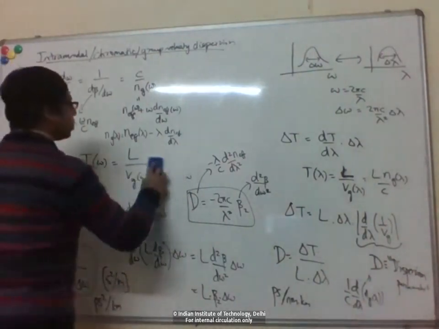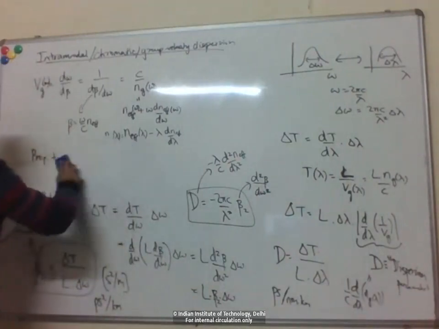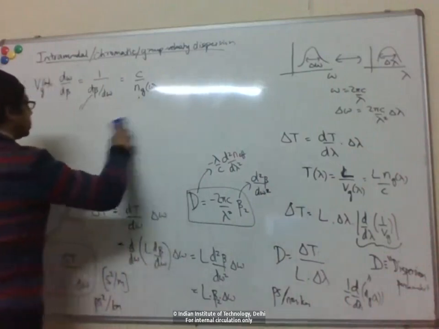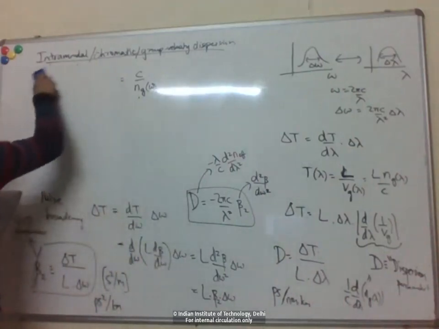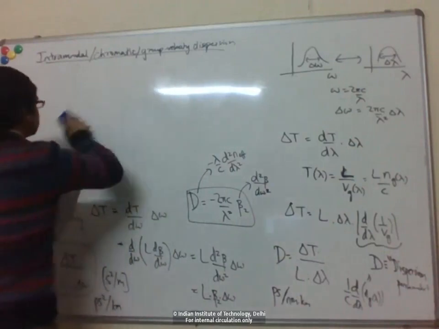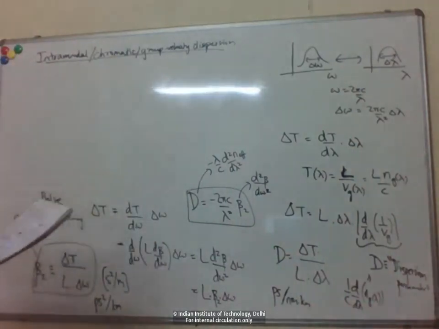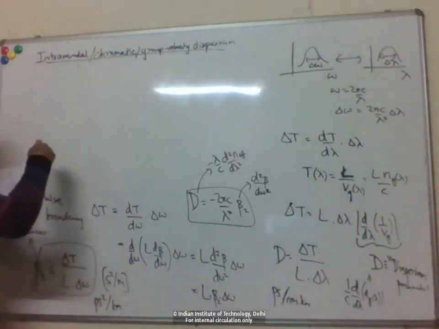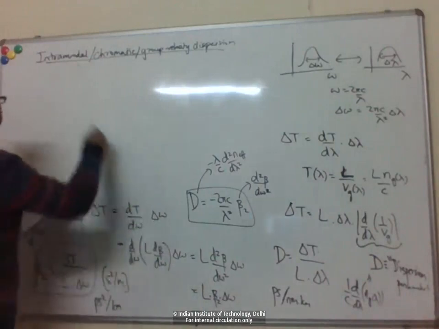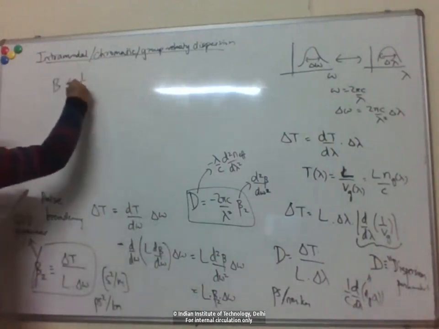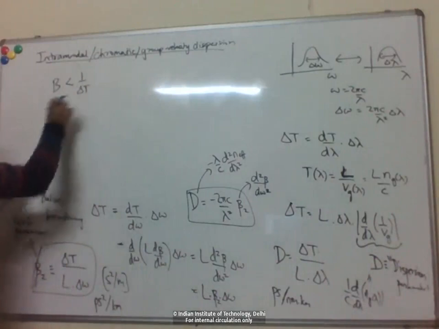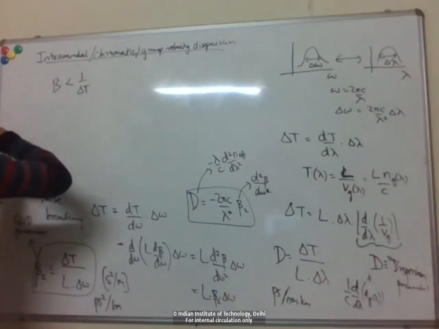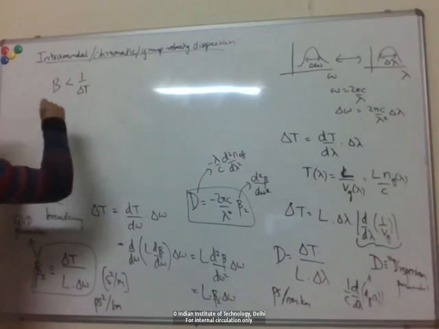So if you look again at this metric of the bit rate times the maximum link length over which that bit rate can be maintained. If we again say that the bit rate is limited, so the bit period has to be more than the pulse broadening, then the bit rate is limited to 1 over delta t.